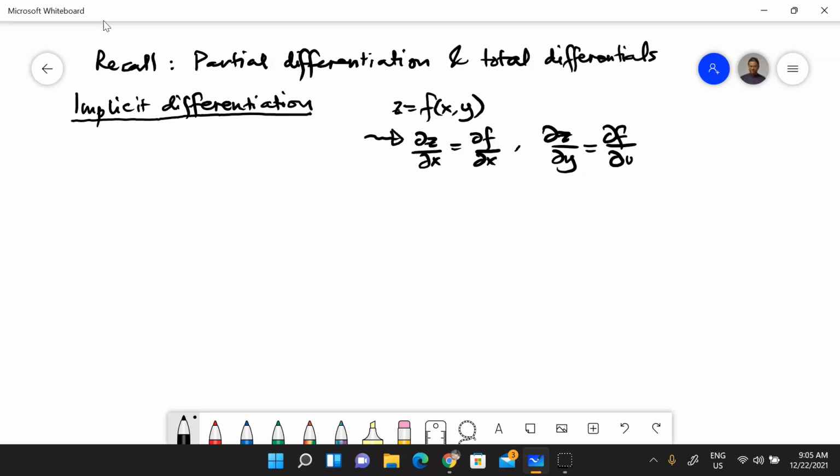Okay, so given that you can always write functions explicitly, here assume you can put dependent variables on one side.